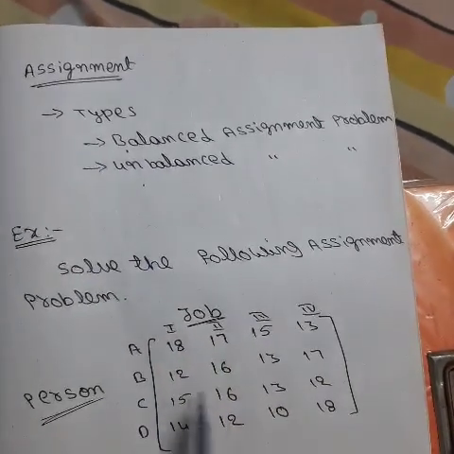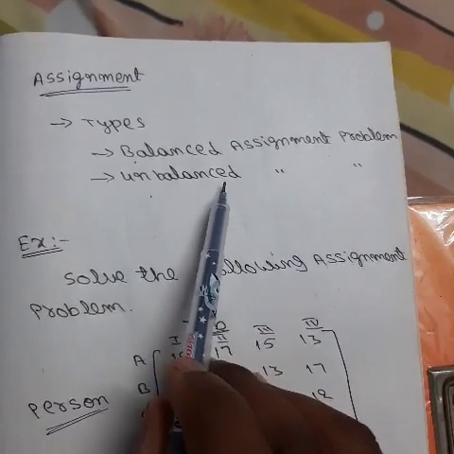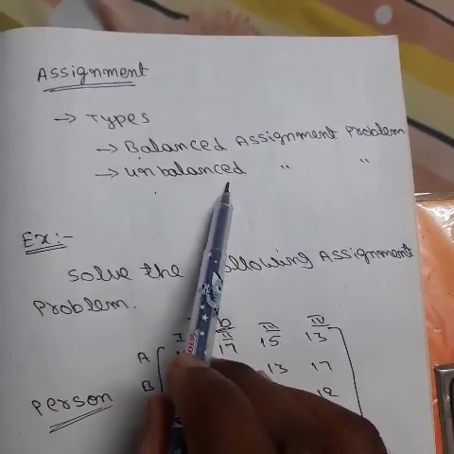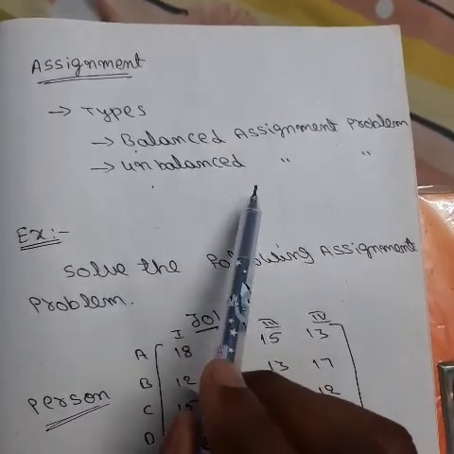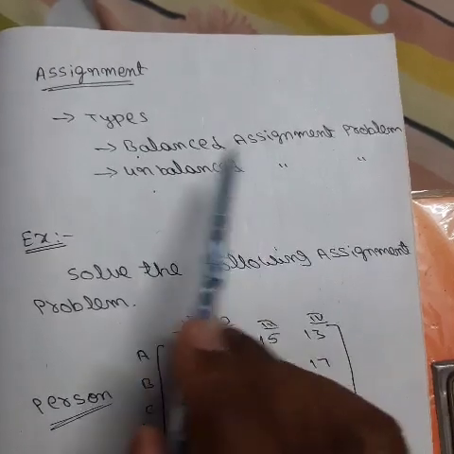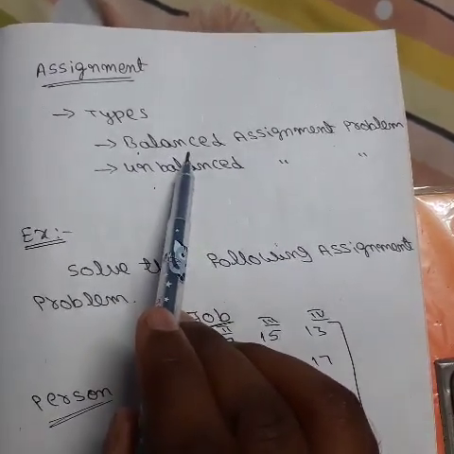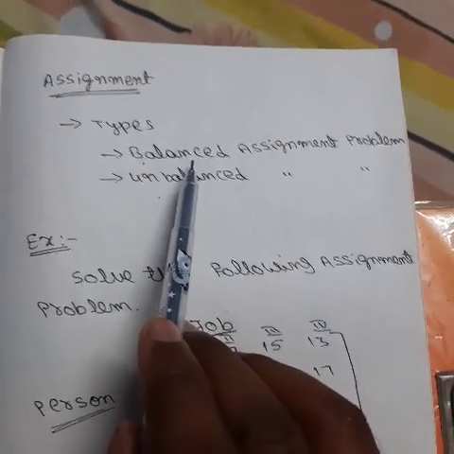If the number of rows is not equal to the number of columns, then it is called an unbalanced assignment problem. In this scenario, we have to add a dummy row or dummy column to balance the given assignment problem. We can calculate any assignment problem only if it is balanced.